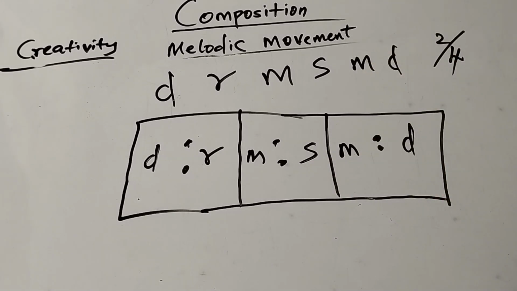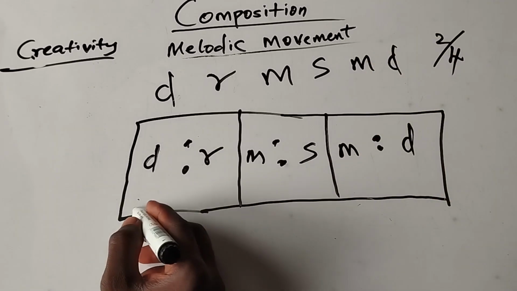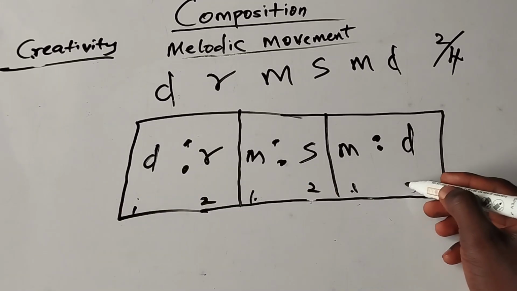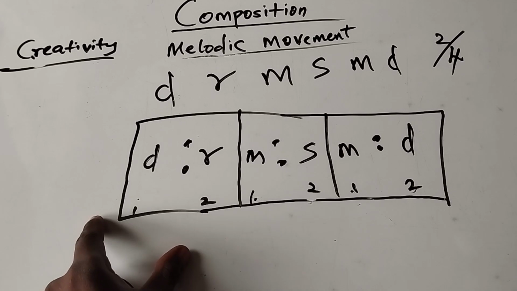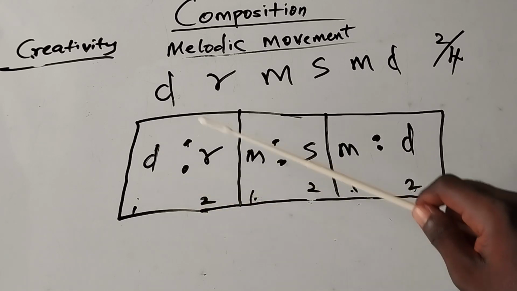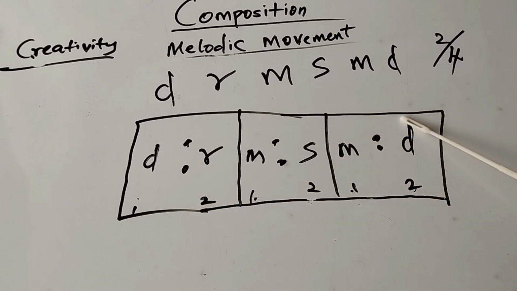So that is how it goes. This is 1, this is 2. Each bar has 2 beats, and the next one has 2 beats. So you count 1 2 1 2 1 2 1 2, and sing as you beat.